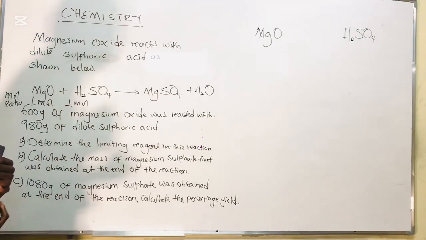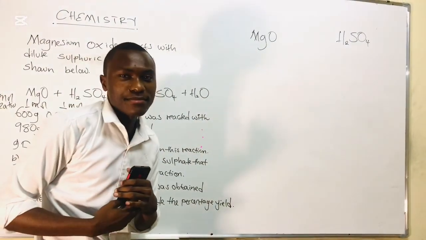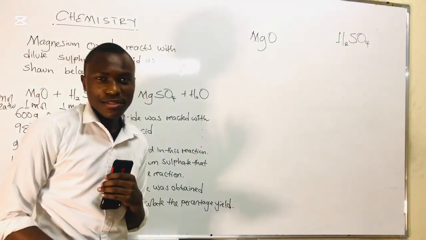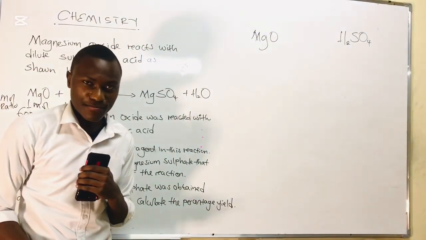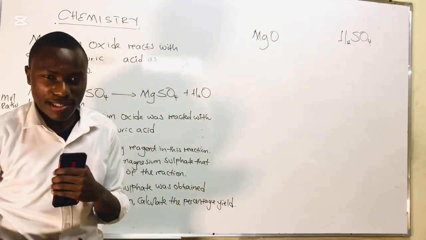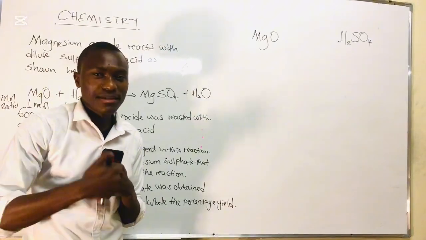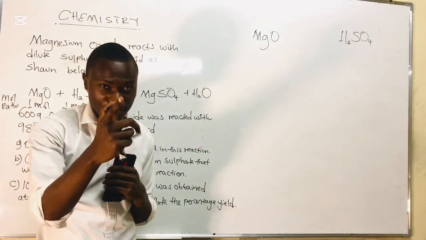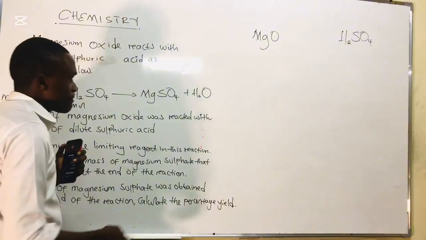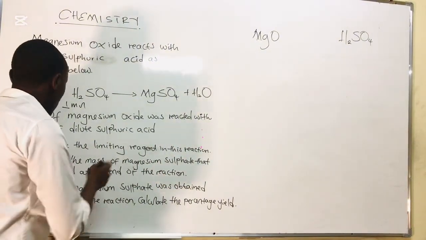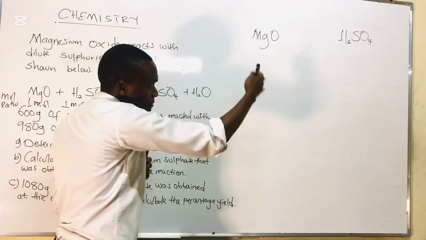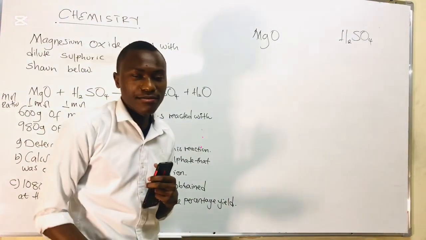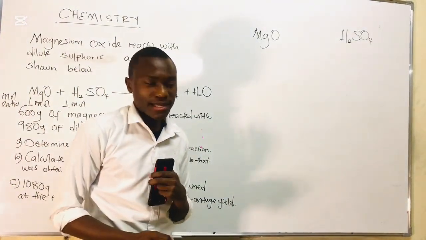As long as the mole ratio is 1 to 1, all you have to do is calculate or find their number of moles. The one that is having the smallest value is the limiting reagent. Is that clear? So let's find their number of moles. Because the mole ratio is 1 to 1, between the two, the one that will have the smallest value will be the limiting reagent.